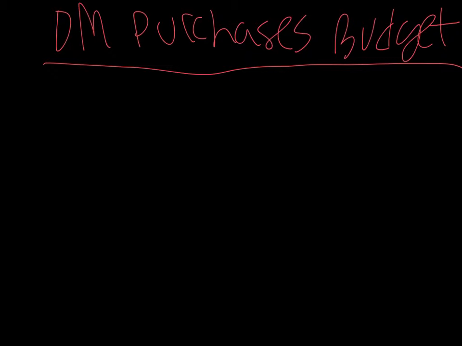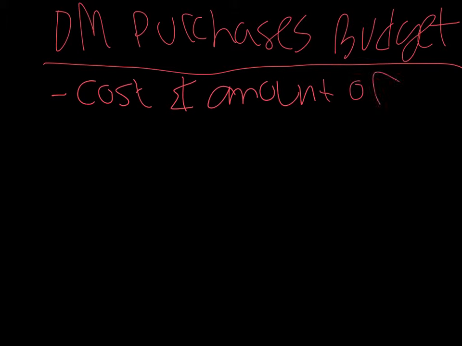This includes the cost and amount of raw materials that need to be purchased in order to satisfy and meet the production needs and the raw material needs. There is a different direct materials purchase budget for each individual raw material when creating a product, in order to break the costs of raw materials for each individual product down.